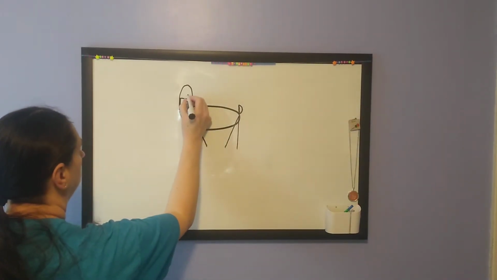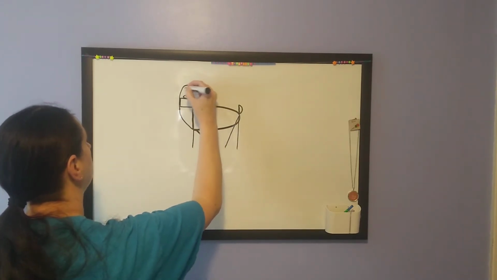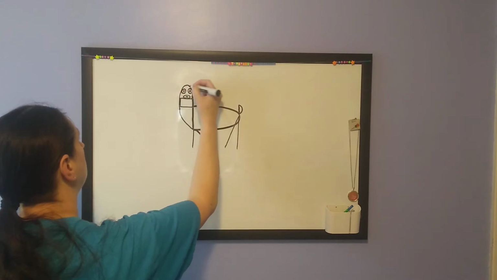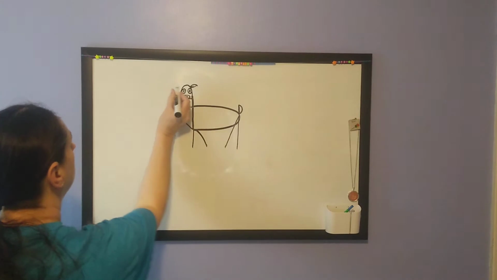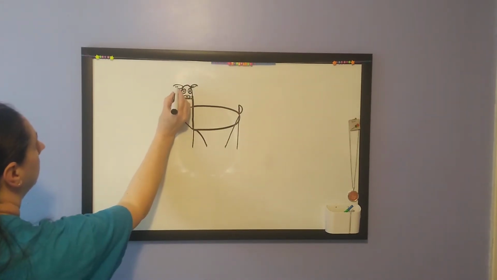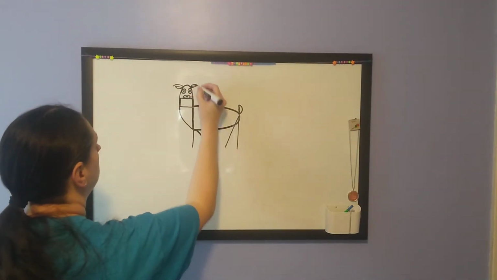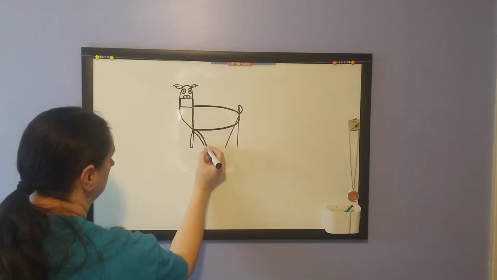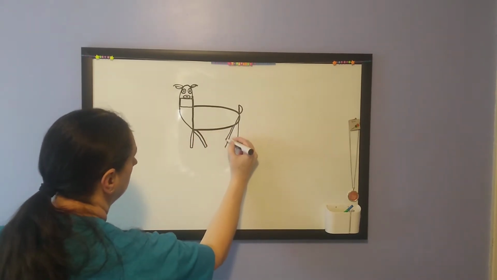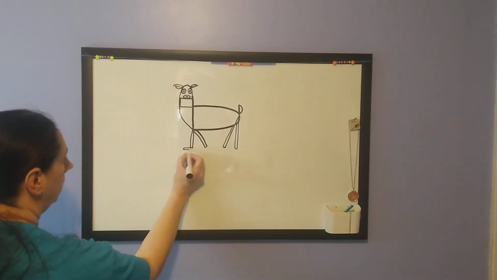So I'm going to give him a nose, and I'm going to give him 2 big eyeballs. Okay, over here I can make an ear. And then down the bottom, we're going to thicken his legs. Give him some feet.